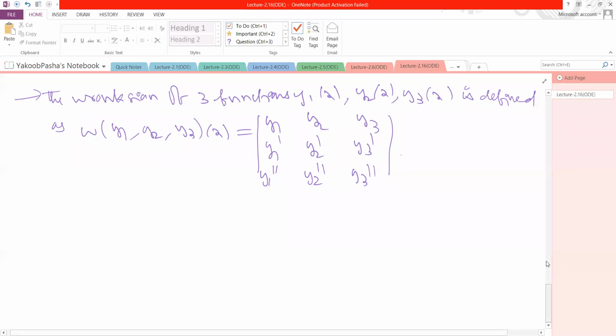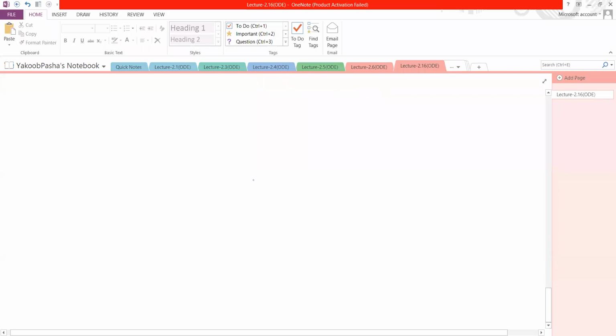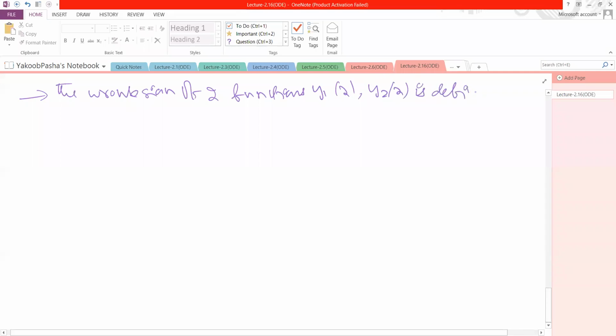Determinant, you know. Now I am taking the Wronskian of 2 functions. The Wronskian of two functions y1 of x, y2 of x is defined as W of y1, y2 of x, simply W of x.